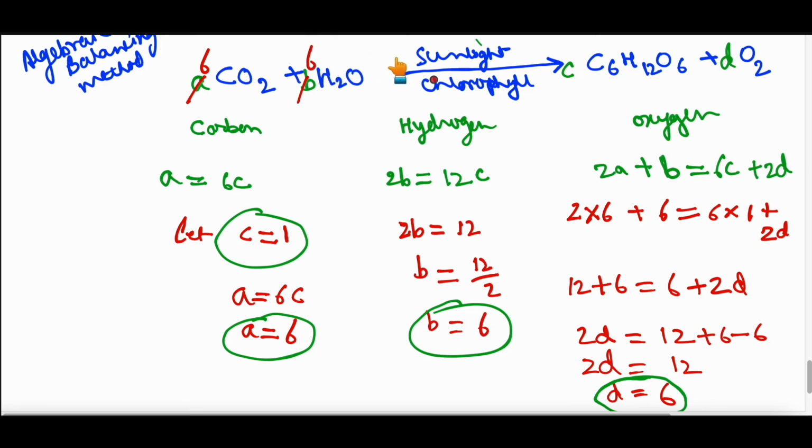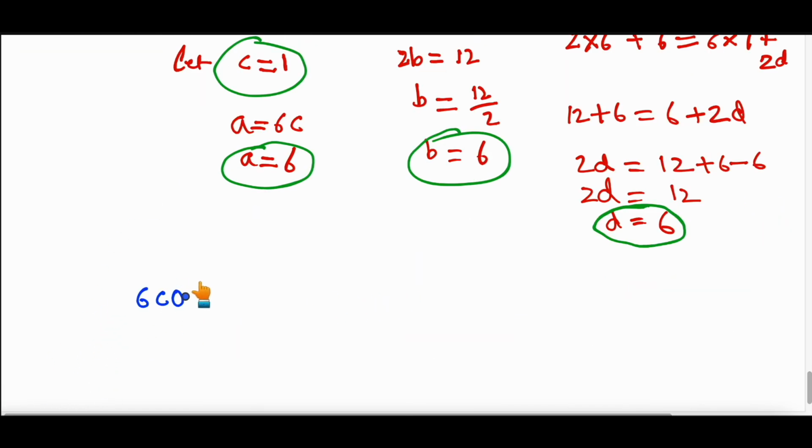So 6 H2O in the presence of sunlight and chlorophyll gives C, C6H12O6, and the value of C is 1. So here we know that we do not write 1. So here it will be 1 times glucose plus DO2. So D is 6.